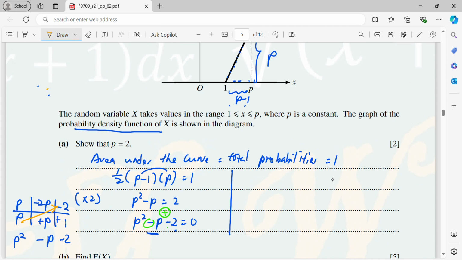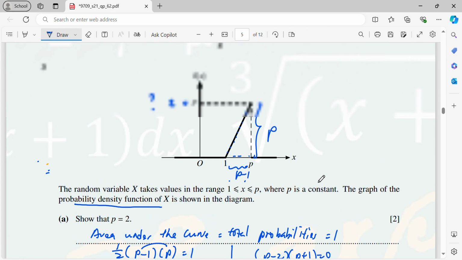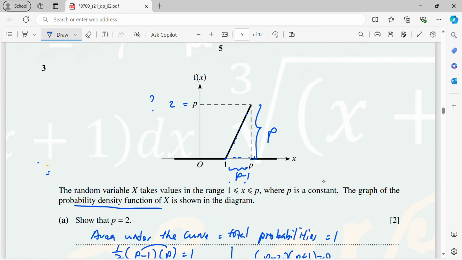Now, for the factors, just cross multiply. Therefore, I will be getting p minus 2 times p plus 1 equals 0. So one of them must be 0. Therefore, p minus 2 equals 0, or p plus 1 equals 0. So your p is 2, or p equals minus 1. But obviously, your p is greater than 1.